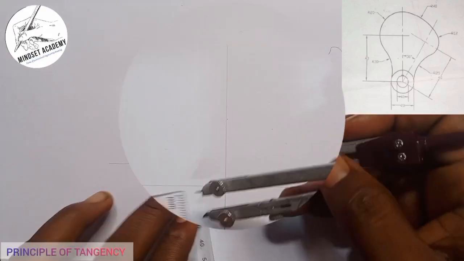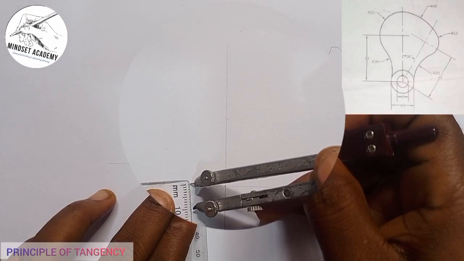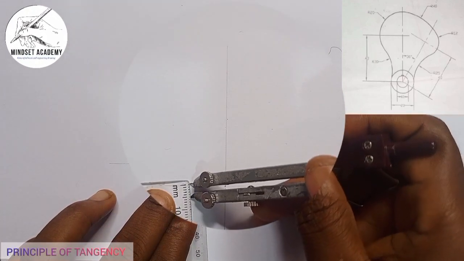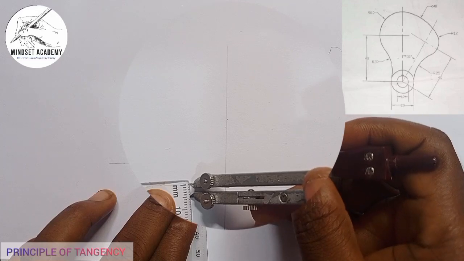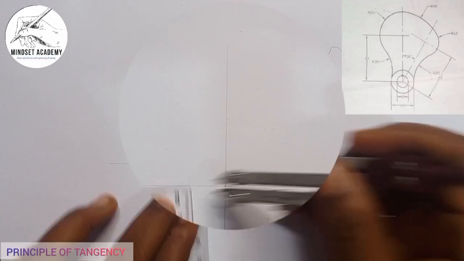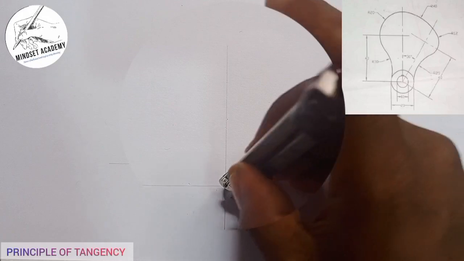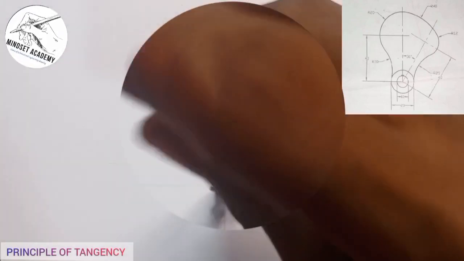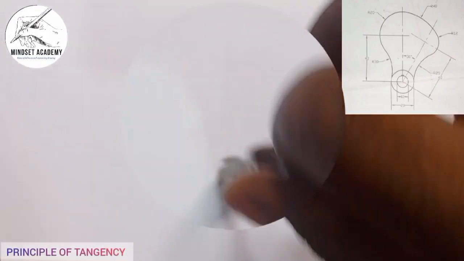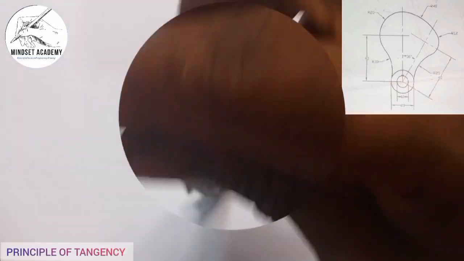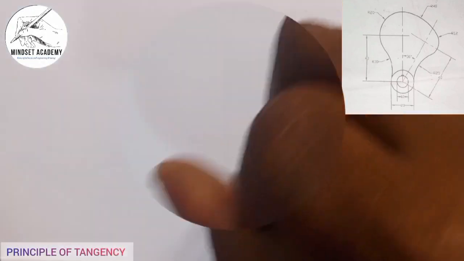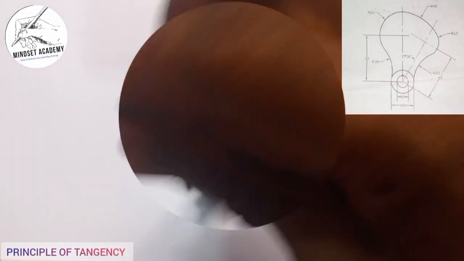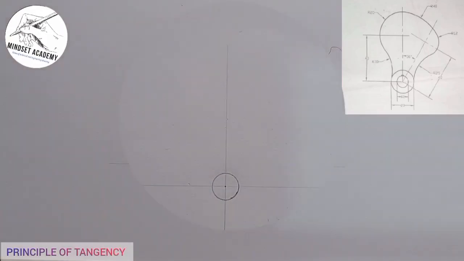I need the radius, which is 5. So this is 5 here, since the diameter is given as 10. So I place it at the center here, and I'm going to draw my radius of 5, and I'm going to thicken it this way. You can see that? That will be the first thing I am going to do.